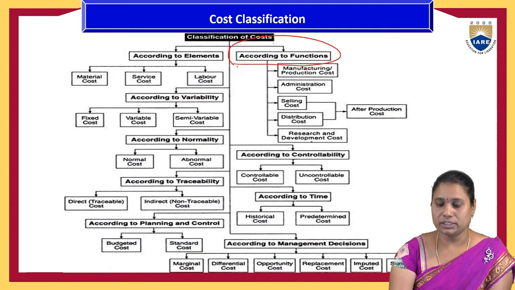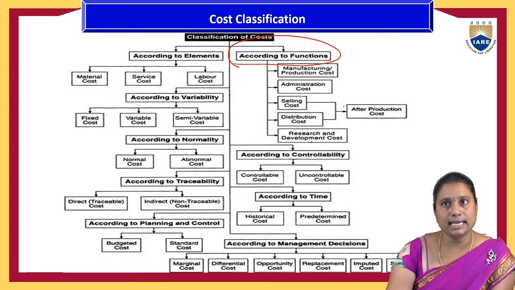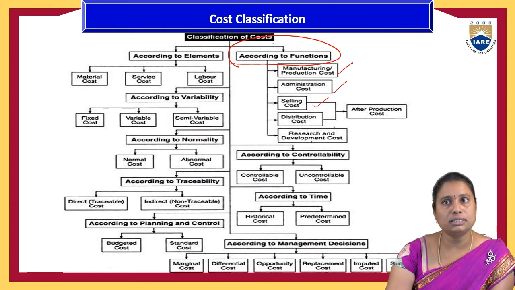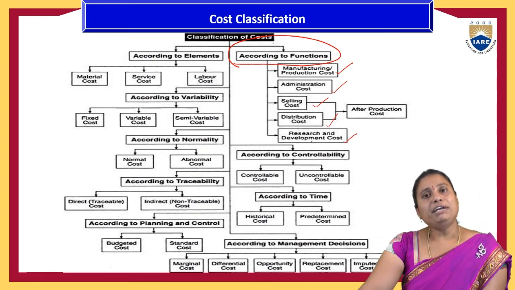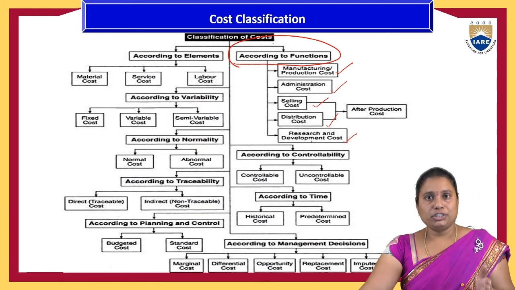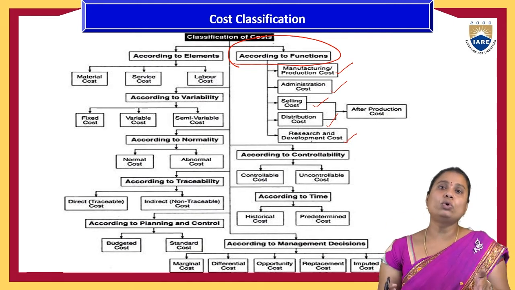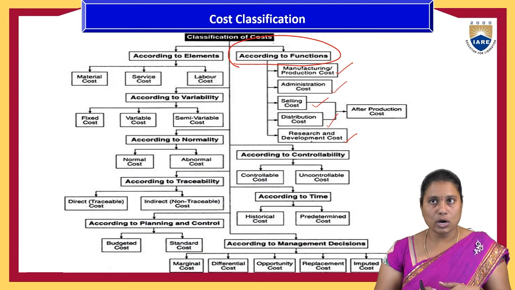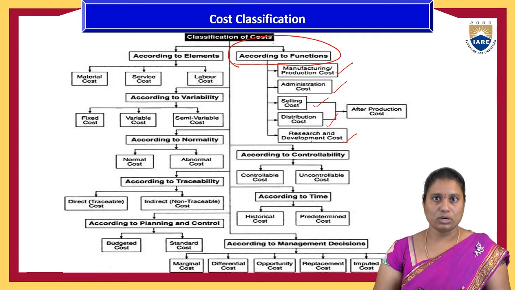According to the function, it is categorized as manufacturing or production cost, administrative cost, selling cost, distribution cost, and research and development cost. From raw material purchasing to the finished goods level, the expenditure incurred by the producer is called manufacturing cost or production cost.